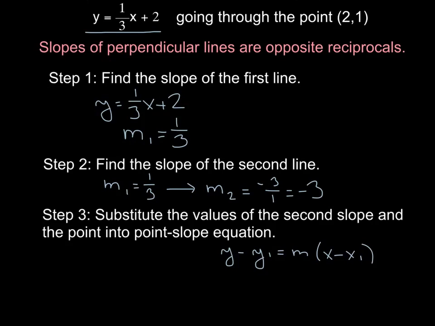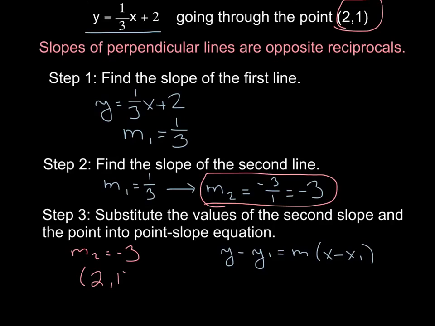The two values that we're going to substitute in are the second slope, m2 is equal to -3, and also the point that they gave us, (2, 1). I'm just going to write them over here to the side.